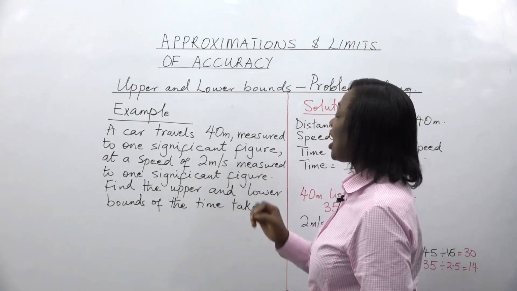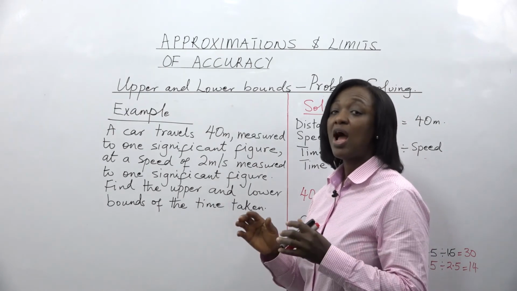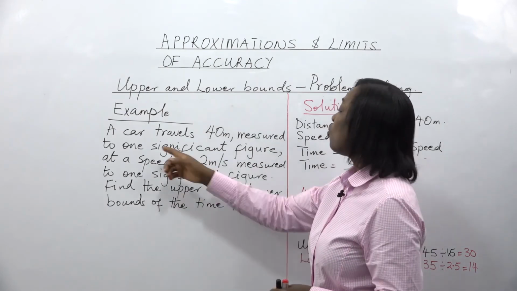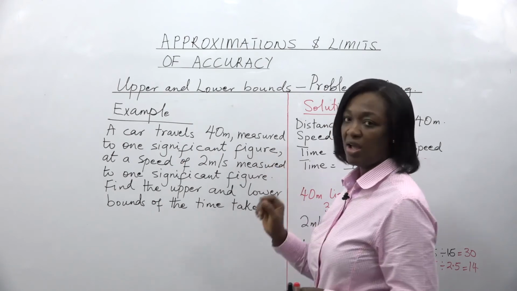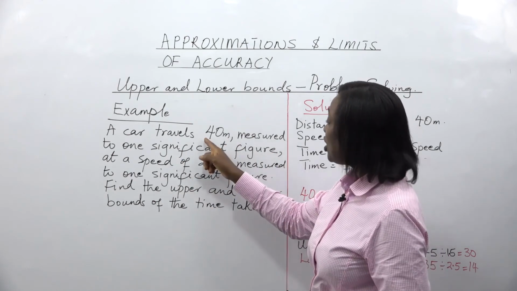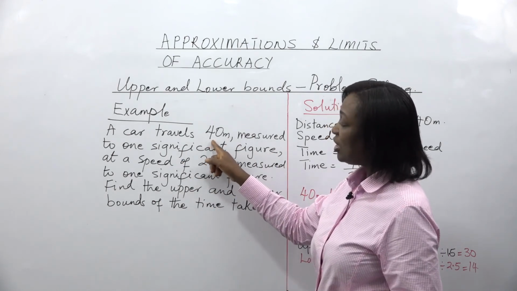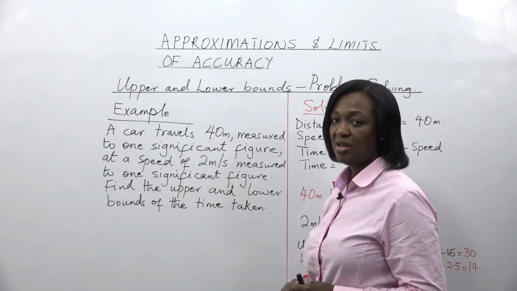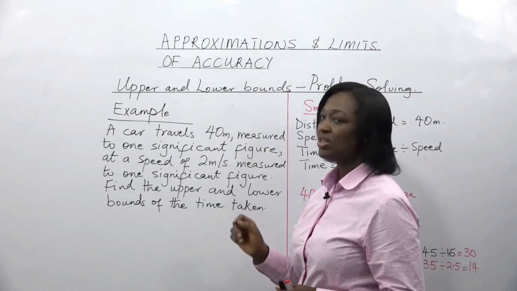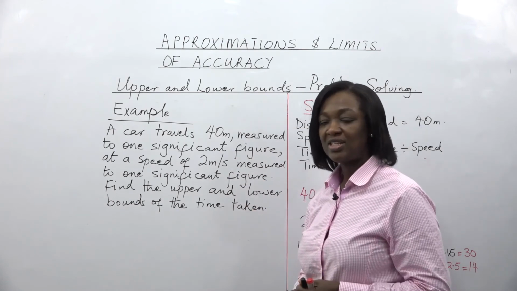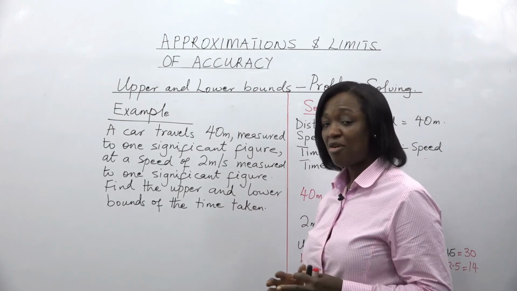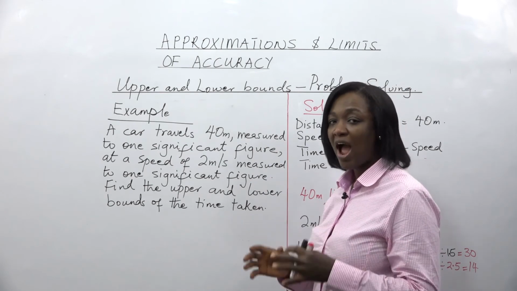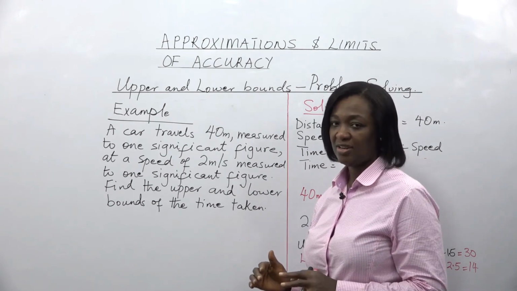The distance the car traveled has been approximated to one significant figure, and the place value of that figure is 10. Take note of that. So the distance is 40. That means the absolute error will be half of 10.